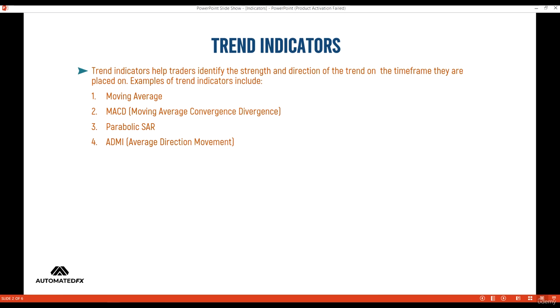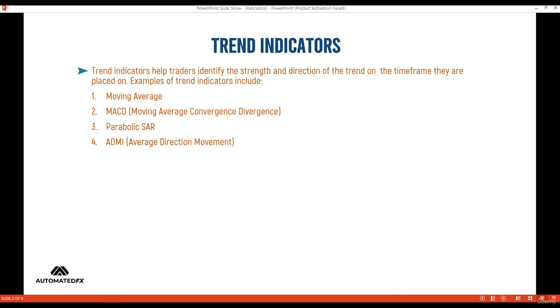Examples of trend indicators include moving averages. We have the moving average, we have the MACD, which is moving average convergence divergence. We have the parabolic SAR, we have the ADMI, which is the average directional movement. All of these are indicators, and they help traders identify the direction and strength of the trend.